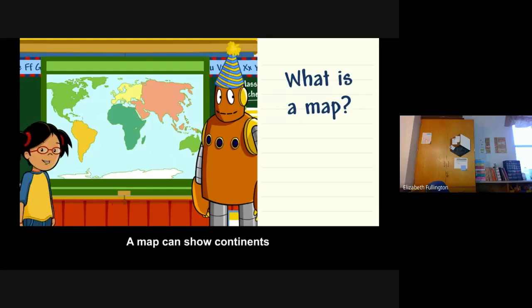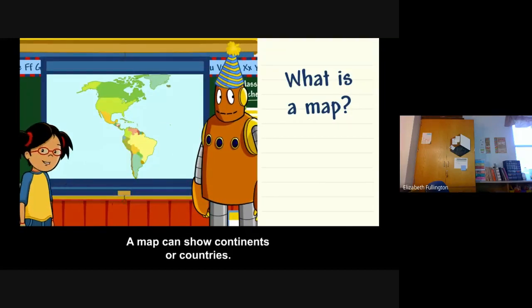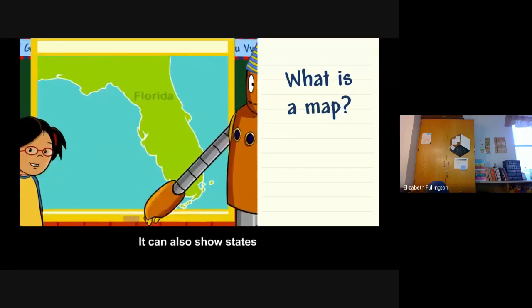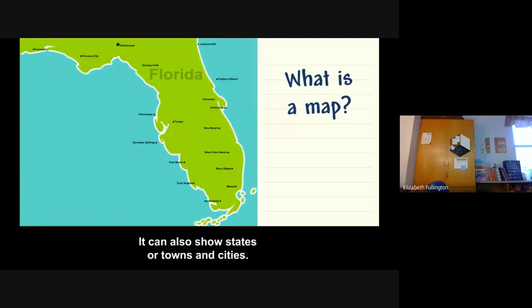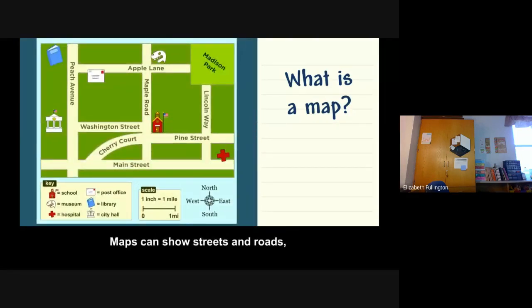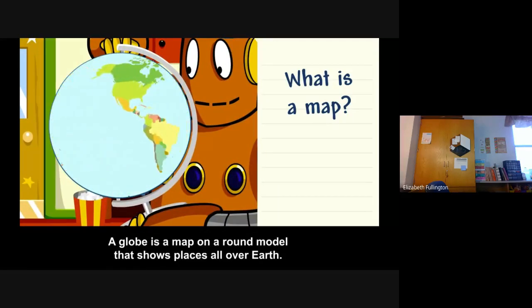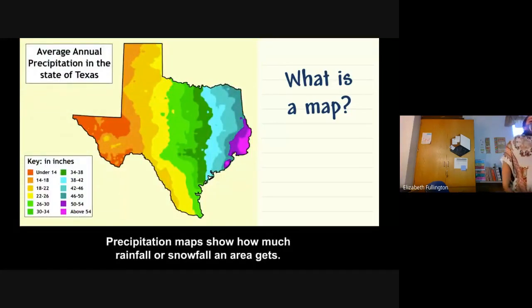A map can show continents or countries. It can also show states or towns and cities. Maps can show streets and roads and landmarks that make a place special. A globe is a map on a round model that shows places all over Earth. Precipitation maps show how much rainfall or snowfall an area gets.